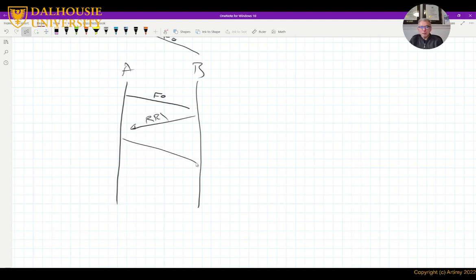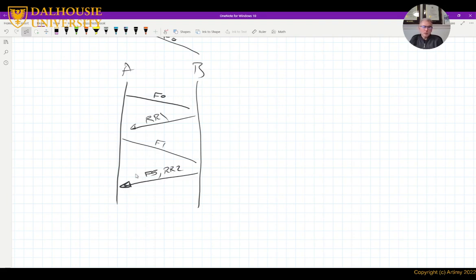Then we're sending frame 1, and B could be trying to send its own frames to A. So it may be sending frame 5, this is coming from B, and also sending RR2. So I'm sending you data, and I'm also acknowledging receiving frame 1, right? So I'm ready for frame 2. So we call this piggybacking.